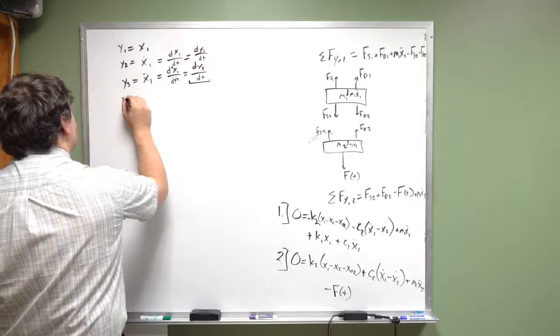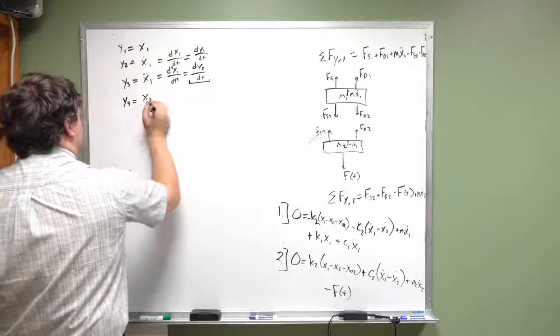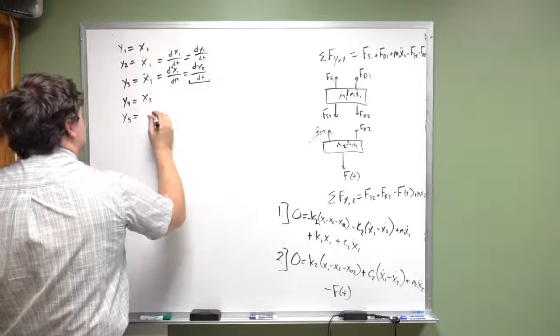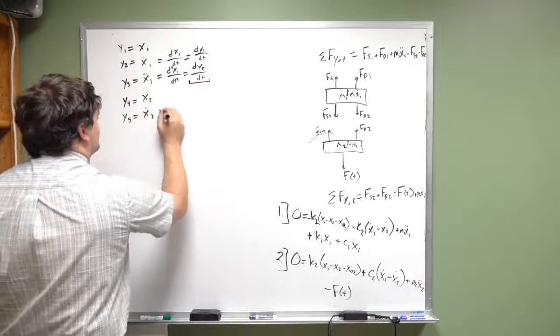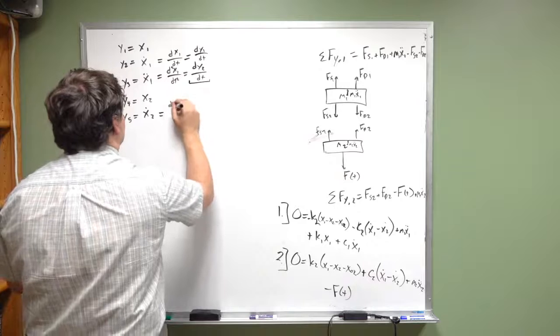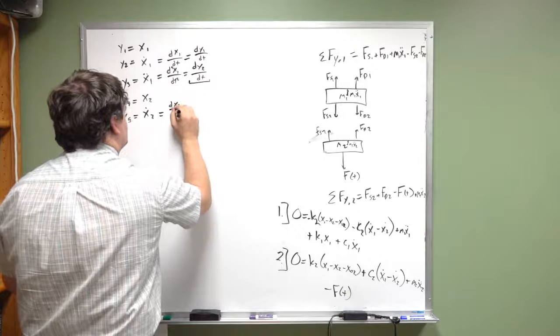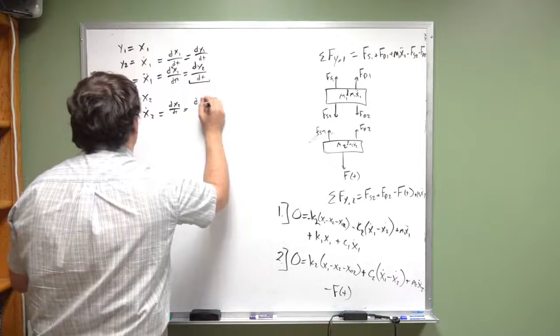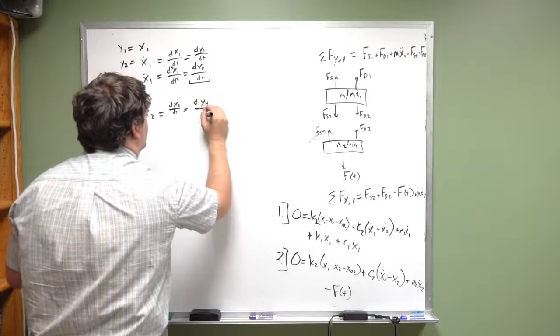I'm going to go ahead and say y4 is equal to x2. y5 is equal to x2 dot, which happens to also be equal to dx2/dt, which is dy4/dt.